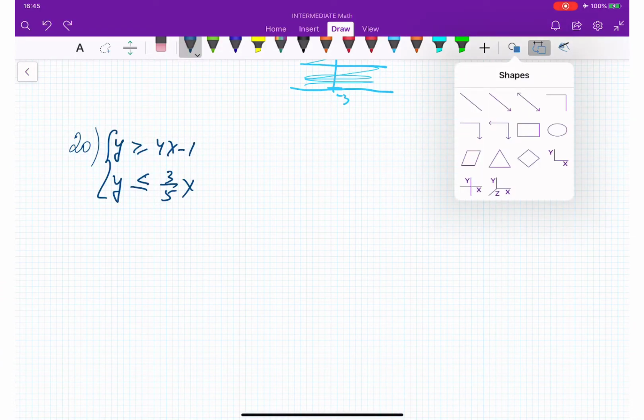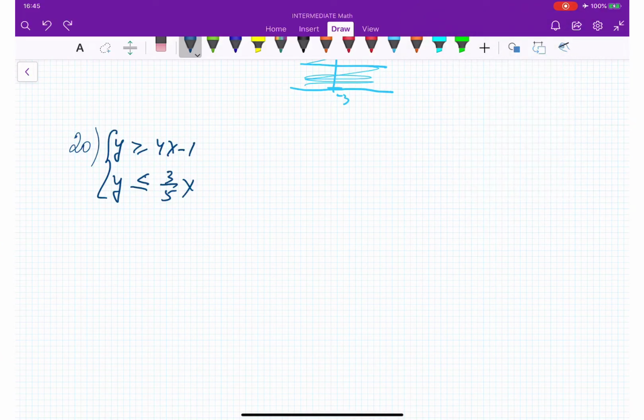Okay, and then the other one is going to go like this. And what do we get? So first one, I start with -1. Here is my -1, and then the slope is 4 over 1. So I'm going to go up by 4: 1, 2, 3, 4, and then +1. It's going to come here, +1.